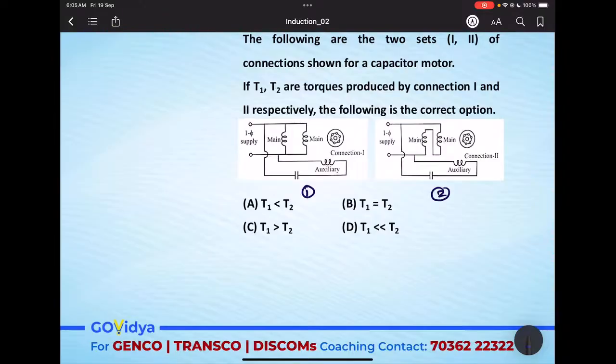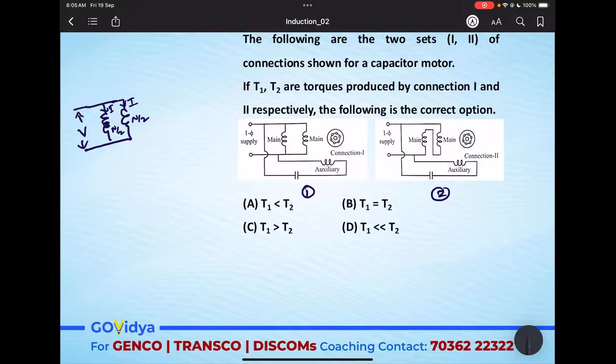If you see circuit connection 1, let's draw the equivalent circuit. If we apply voltage V, here also I current will flow, here also I current will flow. The number of turns is divided into two, n by 2 and n by 2.